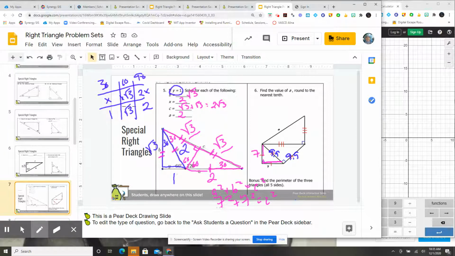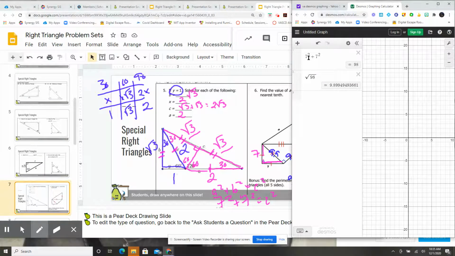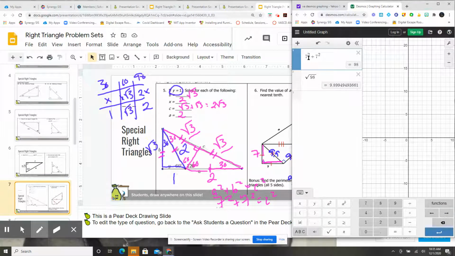I've got 2 new legs. So now 9.9 squared plus 9.9 squared is going to give me C squared. So back to my calculator I go. Can make this into 9.9. Oops, not 0.9, 9.9 plus 9.9 because these are both my legs.